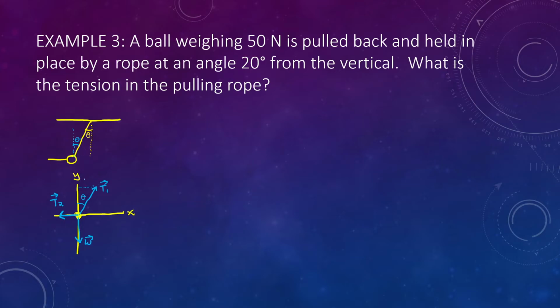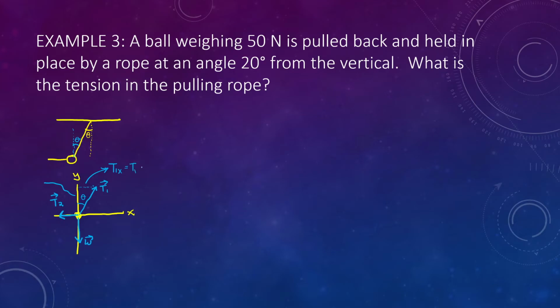While we're at this, why don't we go ahead and look at the components. So let's look at the x component and the y component here. So T1x, the x or horizontal component, is the opposite side of the triangle. And so in this case, it's the opposite side, so we're going to use the sine function.